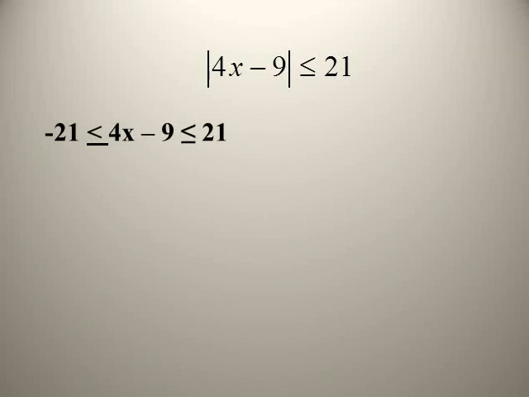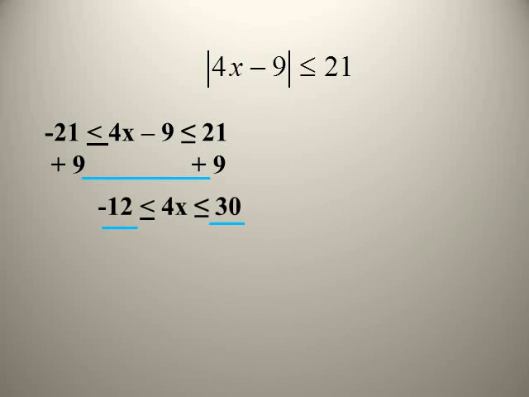Absolute 4x minus 9 less than or equal 21. That means the value of the absolute is between negative 21 and 21. Finally, it will be 4x minus 9 between negative 21 and 21. Solve for x, add 9 to both sides.